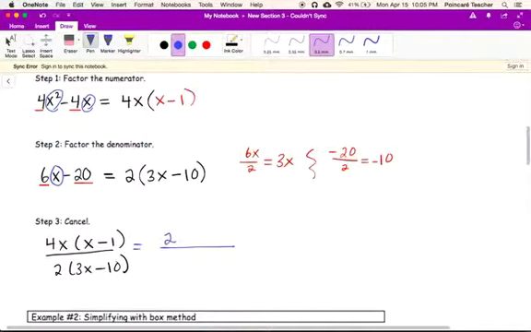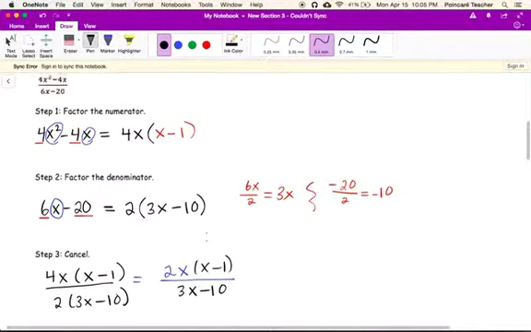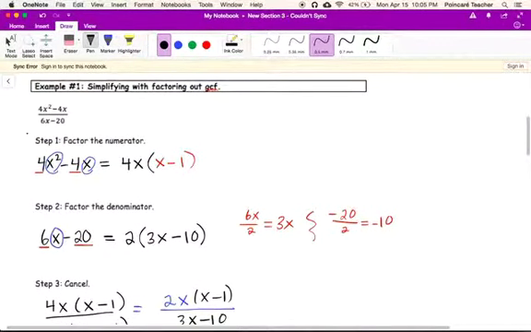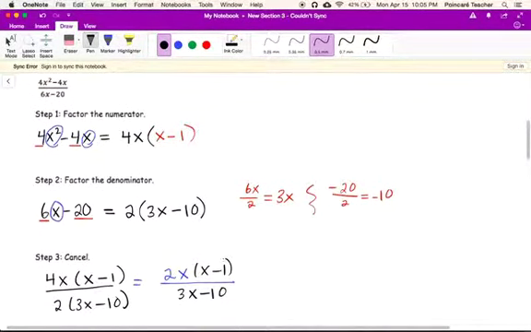And then for x, there's no x in the denominator, so that x has to stick around. Then I see a factor of x minus 1 and a factor of 3x minus 10. Those two aren't the same, so they have to stay where they are. So it'll be 2x times x minus 1 over 3x minus 10. Therefore, this is the simplification of the original expression.